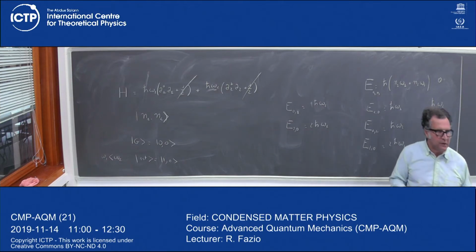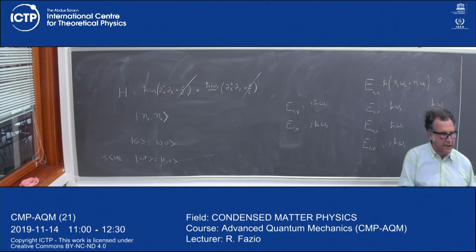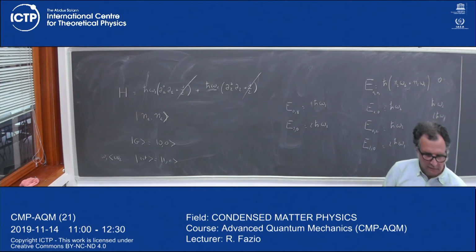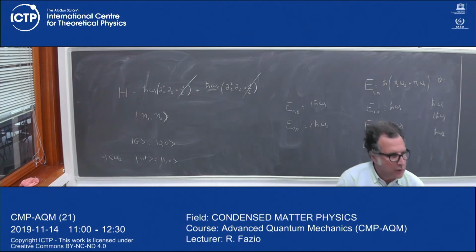And if I ask you, for omega 1 and omega 2, what is the degeneracy for each level? Then consider this case, and then you take omega 2 equal 3 omega 1. And try to understand what levels are degenerate and what not. Okay?